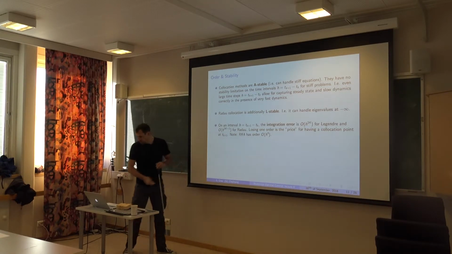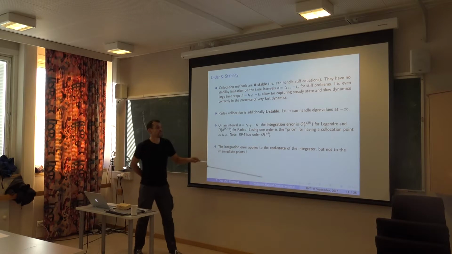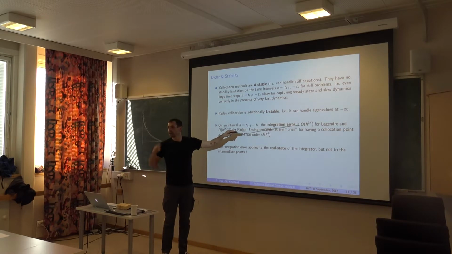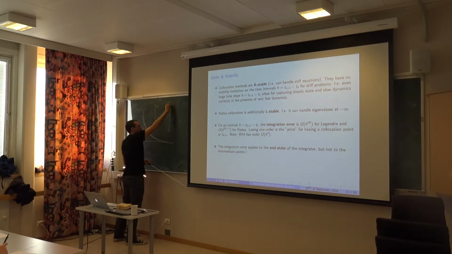Yeah, there will be a few more things to say, but that's probably enough. This integration order applies only at the end of the integration, so at tk plus 1. So in the interval, you get the polynomial that approximates your trajectory throughout the interval up to tk plus 1.